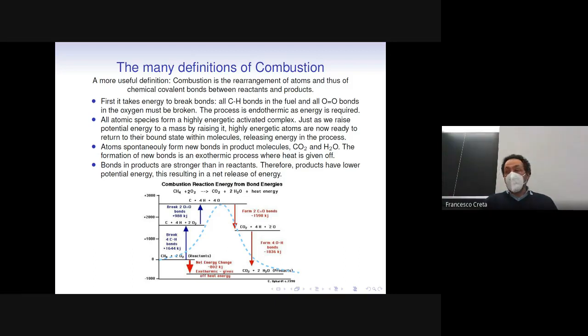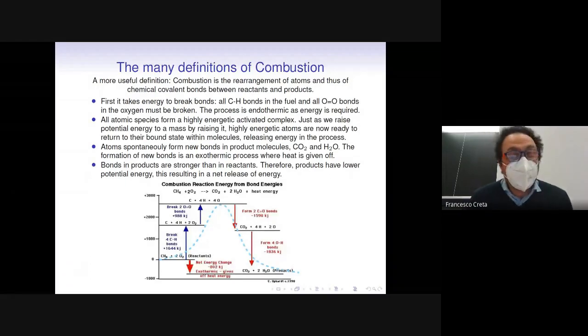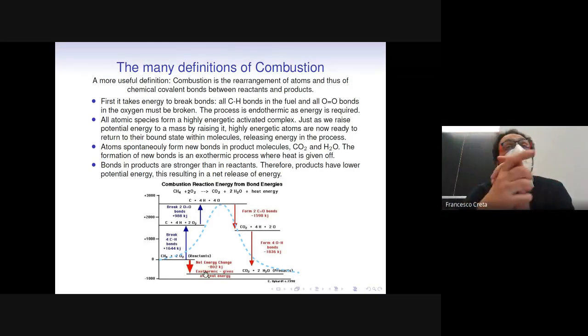If we compute the difference between the energy stored in the bonds of reactants and products, the rest is given out as heat. So the sum of this energy is always the same. There is no net creation or deficit of energy. So it's very important to relate to the concept of chemical bonds.